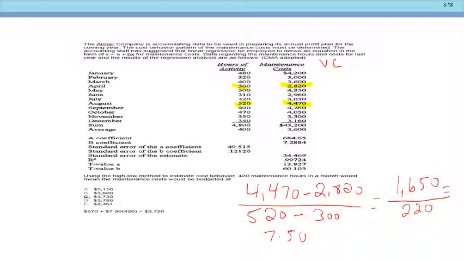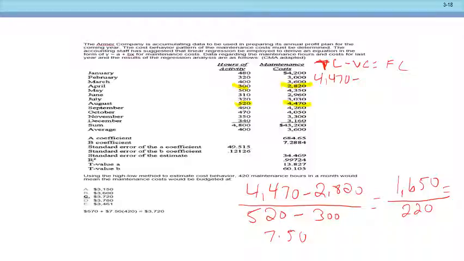So we're going to go ahead and say what? Our total cost minus our variable cost will equal our fixed cost for us, won't it? Okay, so our total cost at the high, we already know is what? 4470. Right?